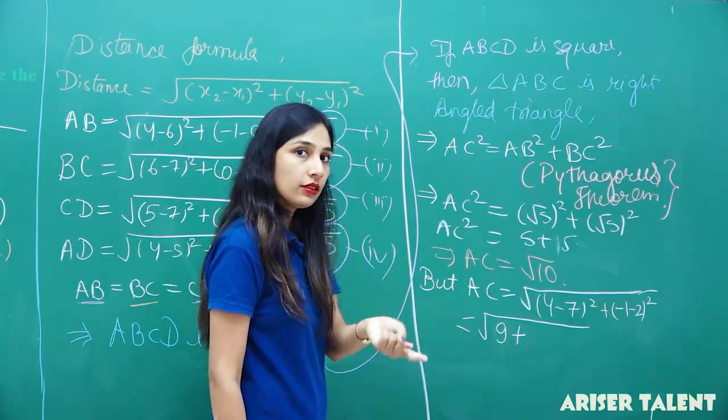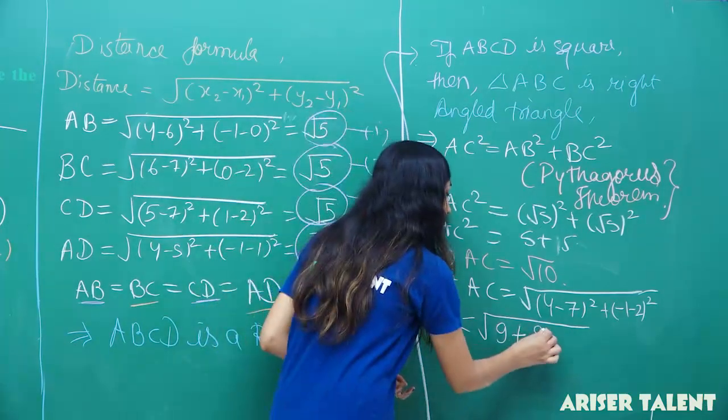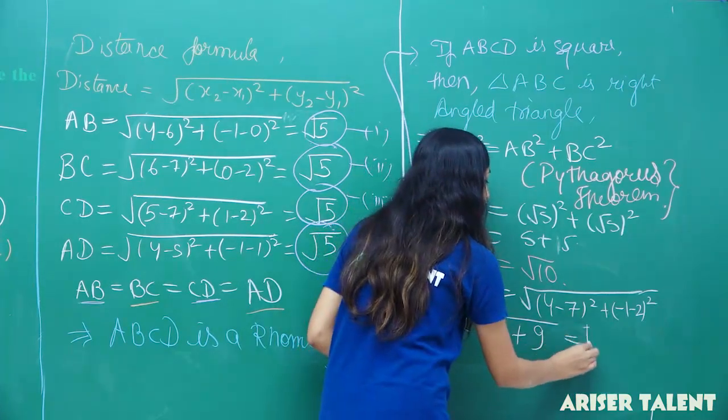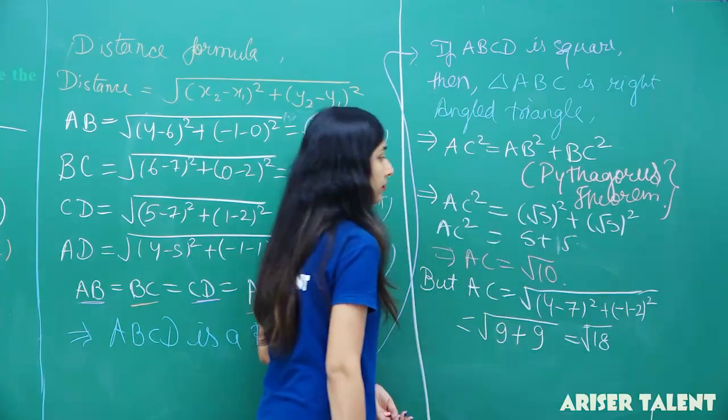That is 3 squared, which is 9, plus minus 3 squared, which is 9. So AC equals root of 18.